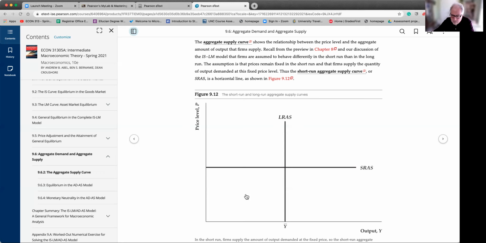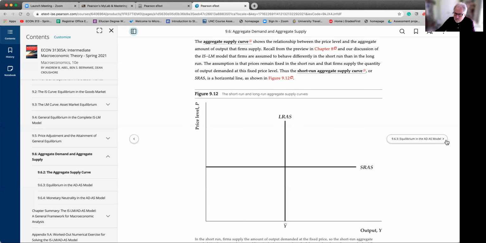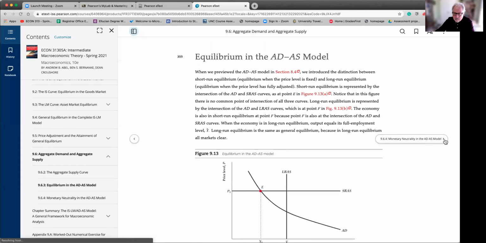And that would suggest an upward sloping supply curve in the short run. So we have these two extremes depending on what you believe. This is where prices don't adjust at all. This is where prices adjust fully and quickly. In between is probably where the real world is.